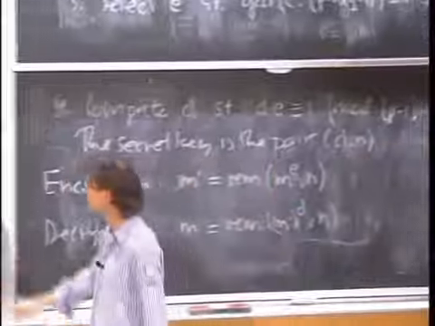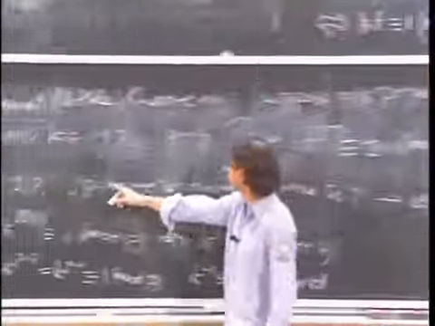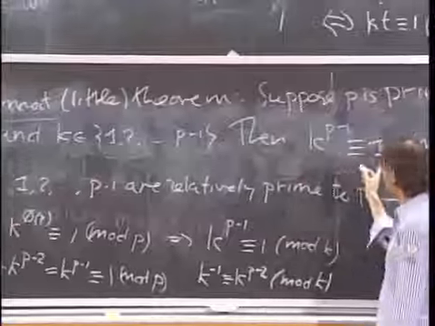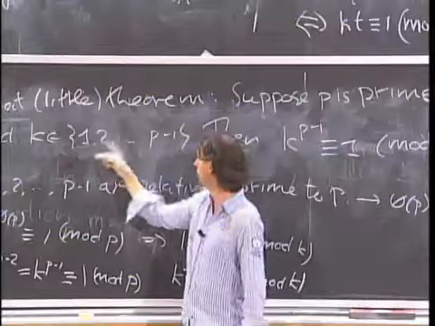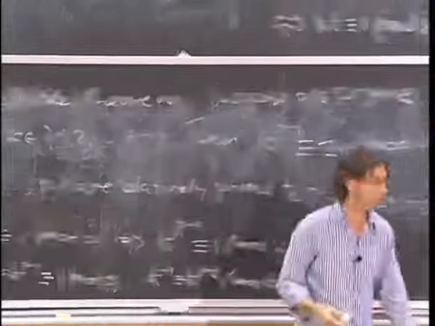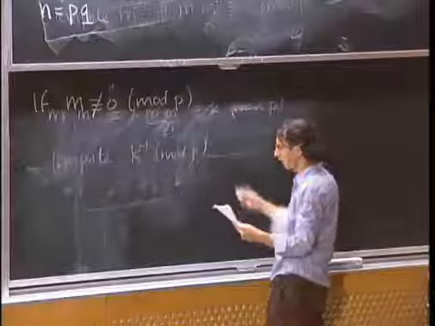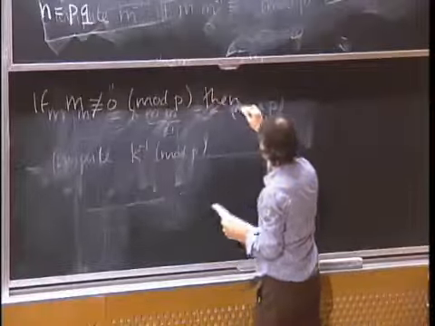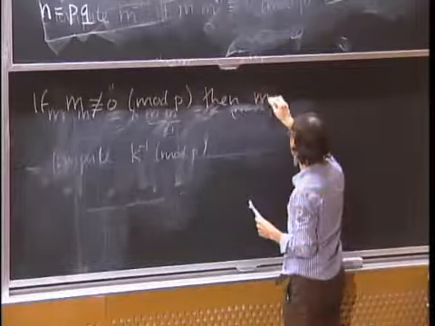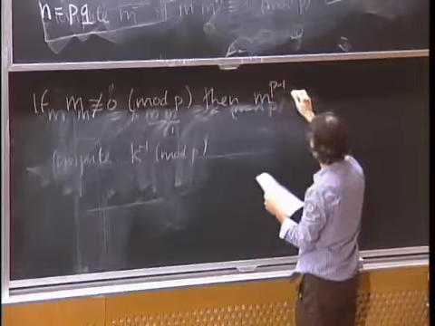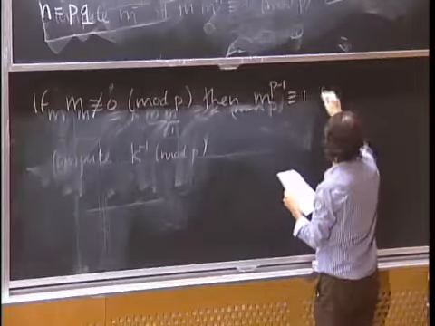It's over here. We can only apply this if k in the range from 1 to p minus 1 is not equal to 0. So if m is not congruent to 0 modulo p, then we can apply the theorem and state that m to the power p minus 1 is congruent to 1 modulo p.